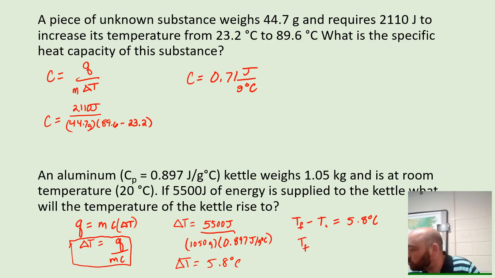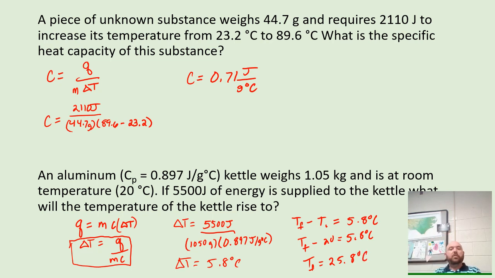So Tf minus 20 equals 5.8 degrees Celsius. Therefore, Tf must equal 25.8 degrees Celsius. So with 5,500 joules of energy added to our kettle, we were only able to raise the temperature of the kettle by 5.8 degrees, making the final temperature of the kettle 25.8 degrees Celsius.